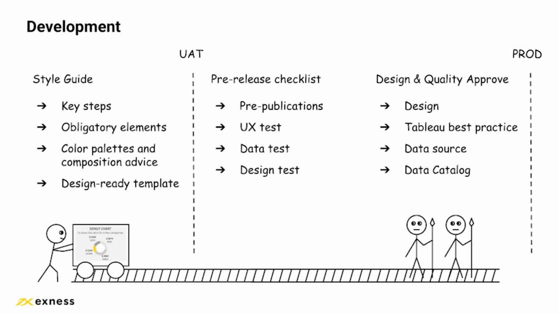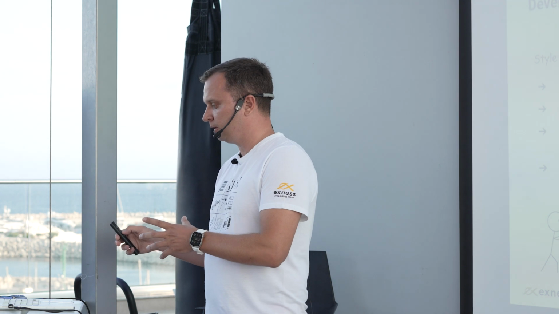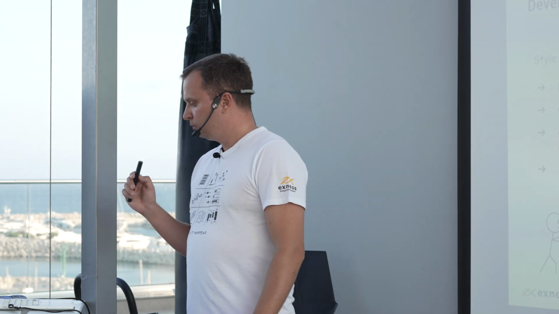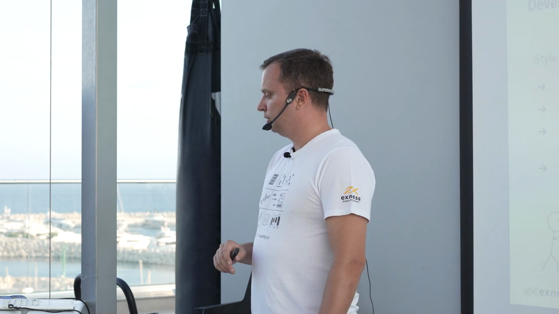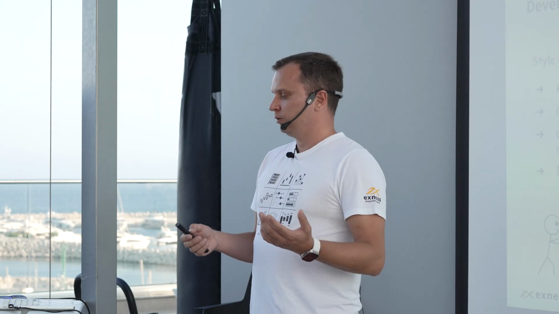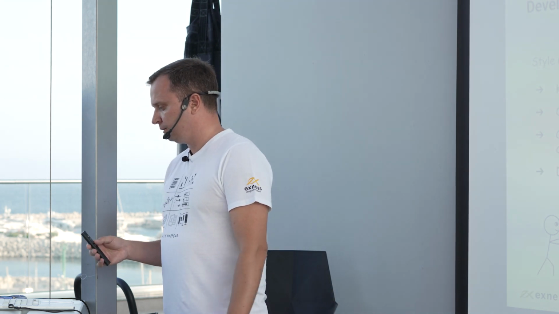We have a data catalog based on DataHub, and we have requirements for what we should put into it, for example descriptions of the dashboards, logic, metrics, and so on. And one more point here is data quality. It's in progress, but finally we are trying to provide our stakeholders with a quality check status, in order to understand whether everything is okay with the data inside the dashboards.